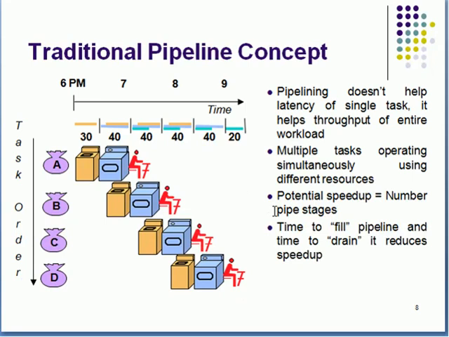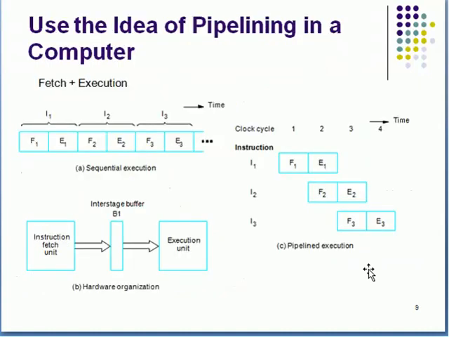Multiple tasks can operate simultaneously using multiple resources. We can speed up the entire operation by increasing the number of pipeline stages. So this is a traditional application where we can apply the pipelining concept.